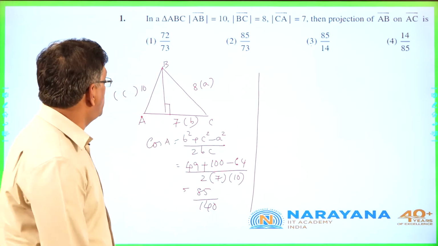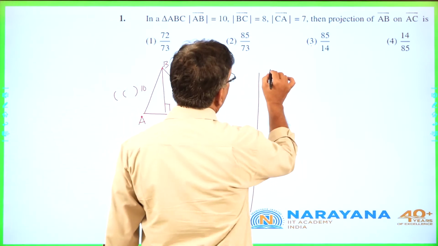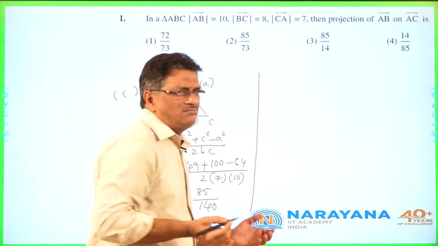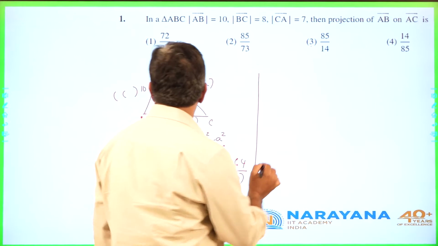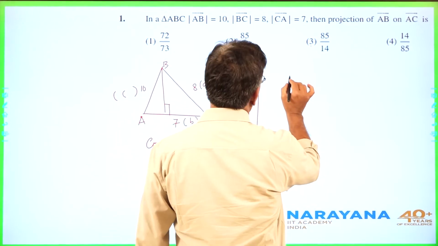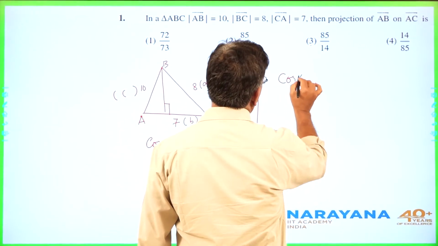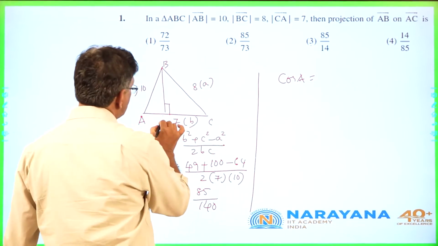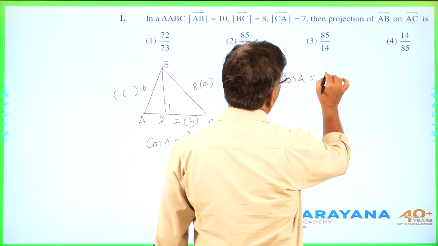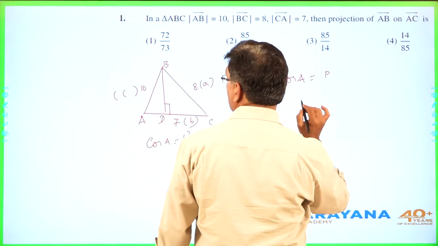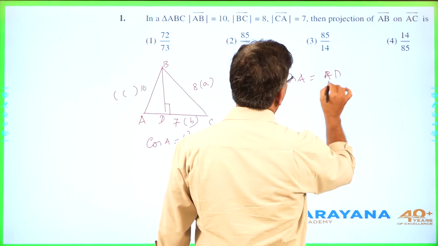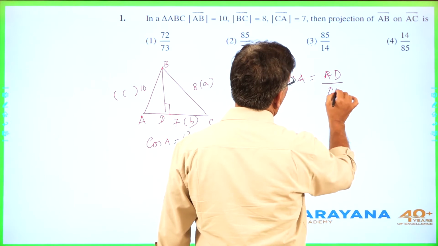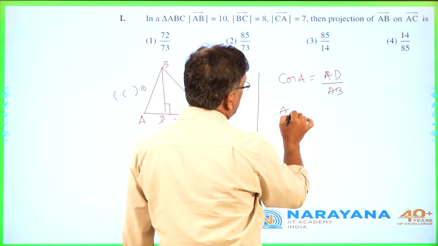In a triangle, that is projection, which you have learned from vectors. The same cos A we can write, if you assume the foot of the perpendicular as D, as cos A equals AD by AB. I want AD.